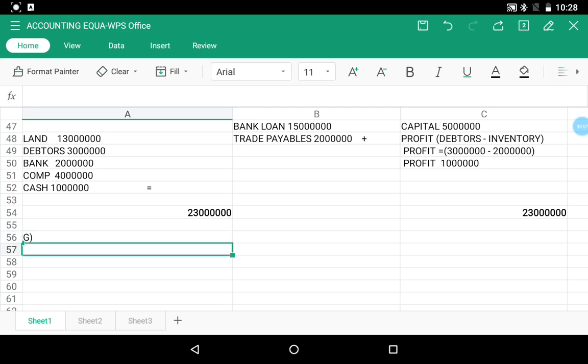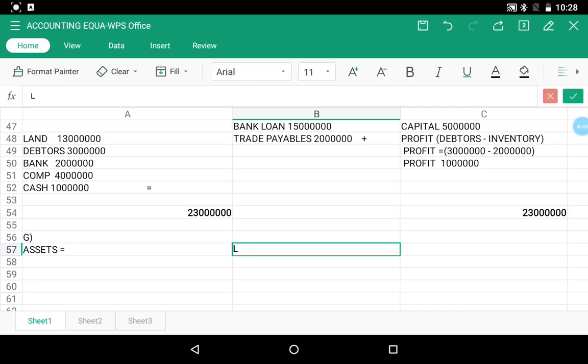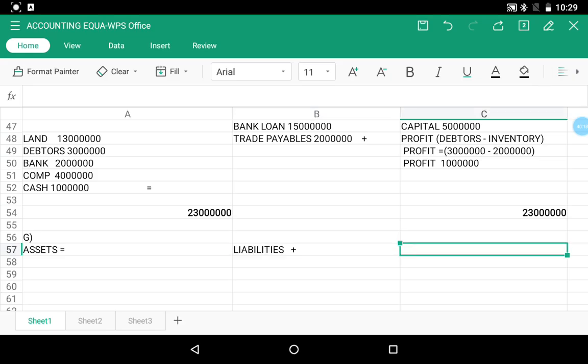So we shall come here, as we have said, first we state our accounting equation, where assets is equal to liabilities plus owner's equity.